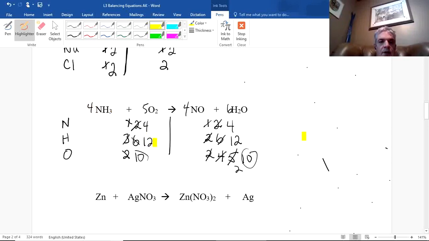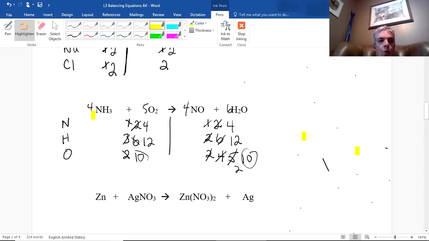That's what I've got. 6 times 2 gives me 12 hydrogens here. And then I go to my oxygens. I got 5 times 2 is 10. And I got 4 oxygens here and 6 more here. That gives me 10. And so I have it balanced.